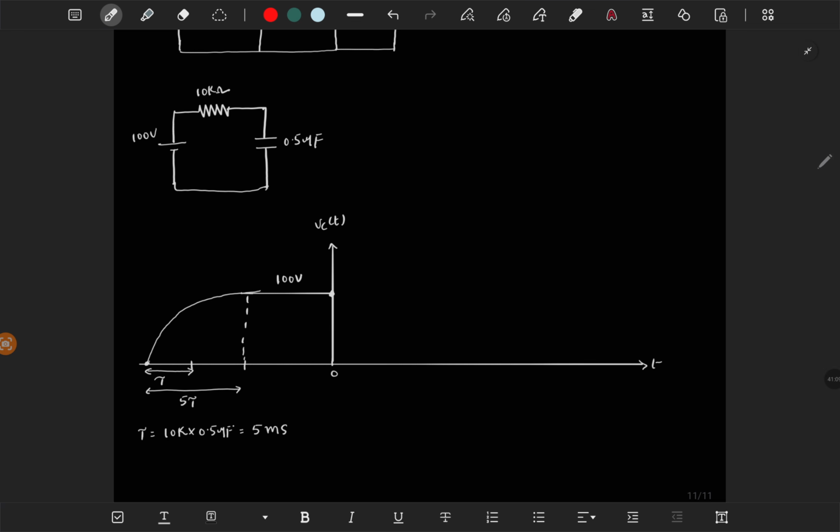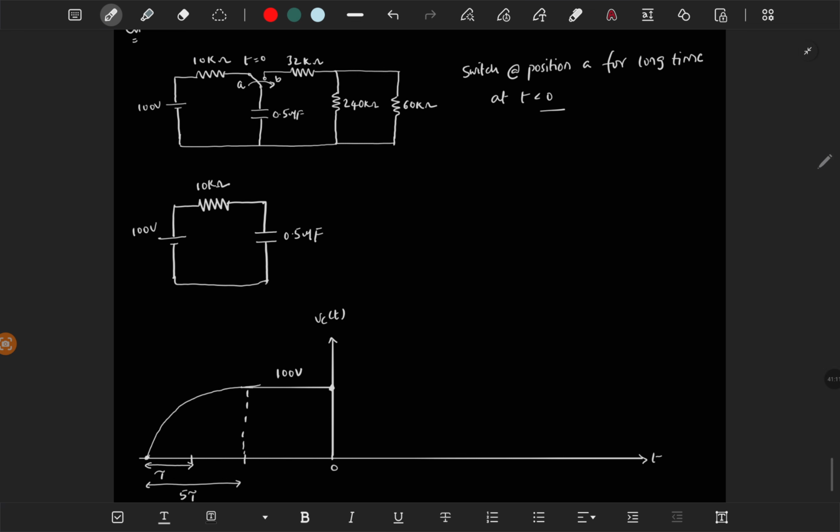So what will happen here? At t is equal to 0, there is transient behavior in the circuit. There is some change, some switching action.